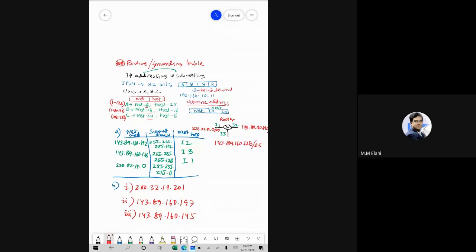In this case, the first one is simple. 143 doesn't match the first octet, so don't worry about the rest. The first two don't match, and for the third one, it is 220, and in the given question that is 200, right? So the first octet doesn't match. If the first octet decimal doesn't match, no way you can match the others. Okay, so the answer will be what?